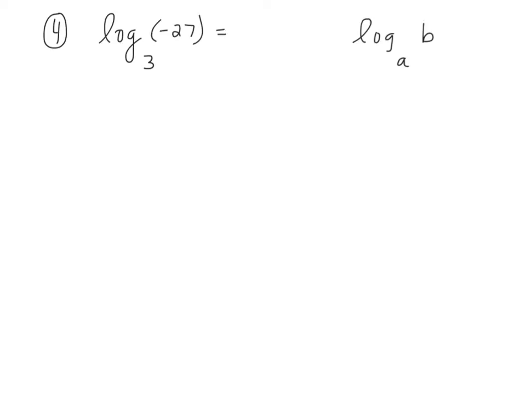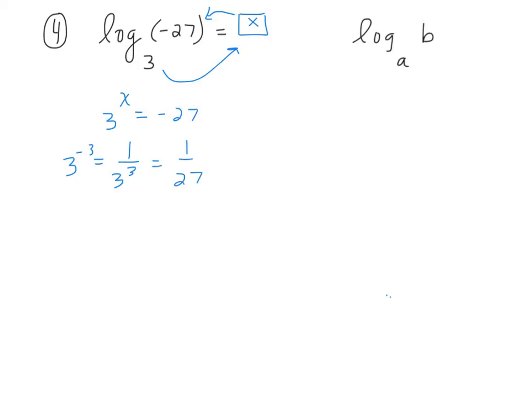Another special case here. We're trying to figure out log base 3 of something, which we can call x, that needs to equal negative 27. So 3 raised to the x equals negative 27. It's tempting to think the answer is negative 3, but it's not. 3 to the negative 3 is 1 over 3 to the positive 3, which is 1 over 27. So this equation has no solutions.